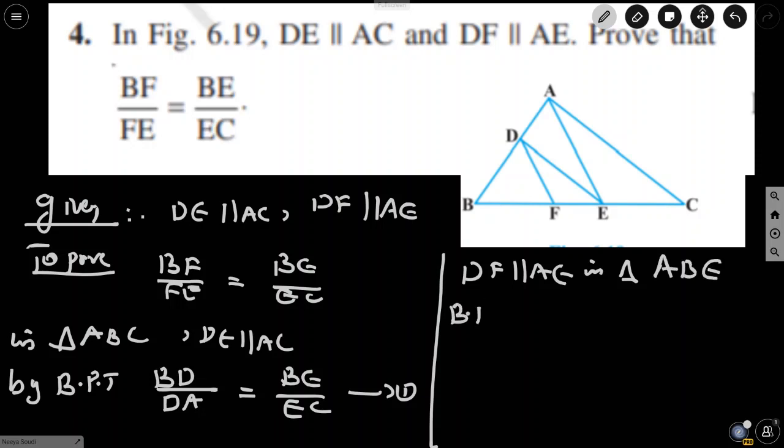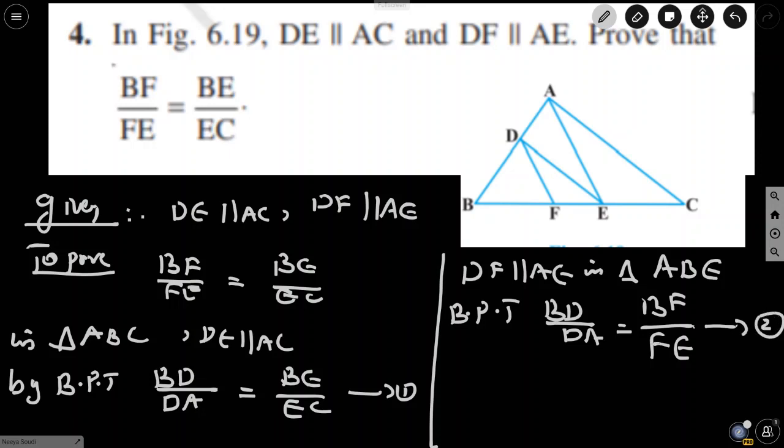apply BPT. We will get BD by DA is equal to BF by FE. This is equation number 2.